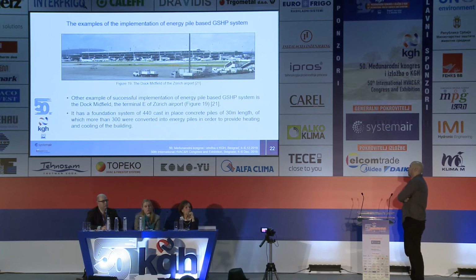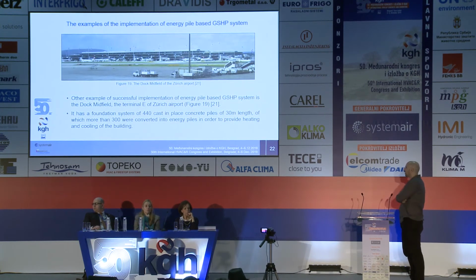The other example, which was interesting to me, was implementation of energy pile GSHP system to the dock midfield, the Terminal E of Zurich Airport. Terminal E was founded on 440 cast-in-place concrete piles, and they are 30 meters long.